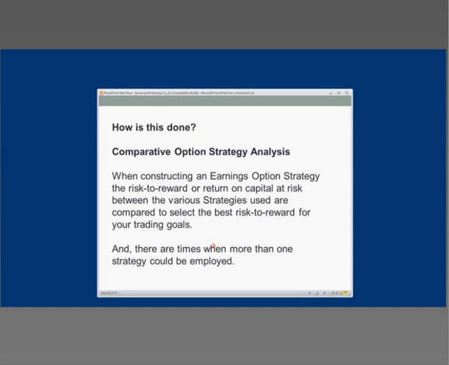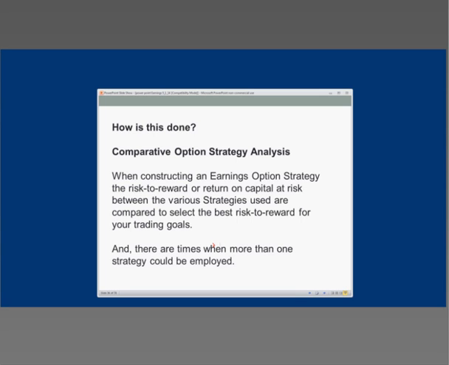So when I'm constructing an earnings option strategy, for each strategy I'm looking at, for say a stock, say Apple or Google in that example, I've got about 4 or 5 different strategies I can look at, and then I'll look at the risk to reward or return on capital of each of those strategies that I'm thinking about to see which one has the best risk to reward for my trading goals.